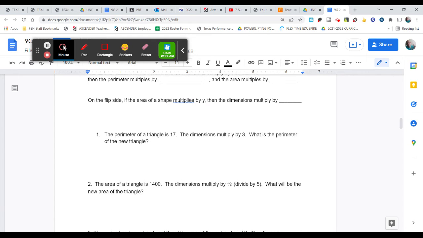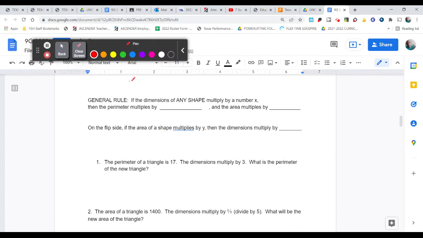I want to go down to this first general rule right here. This is the rule that everything else is going to be based on, and I'm going to add something to it as well. If the dimensions of any shape multiply by a number x, the perimeter is going to multiply by x as well.